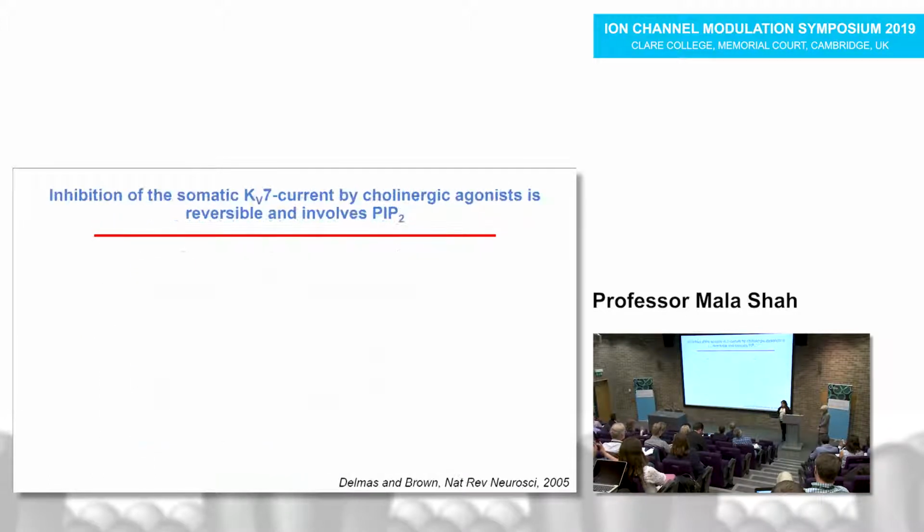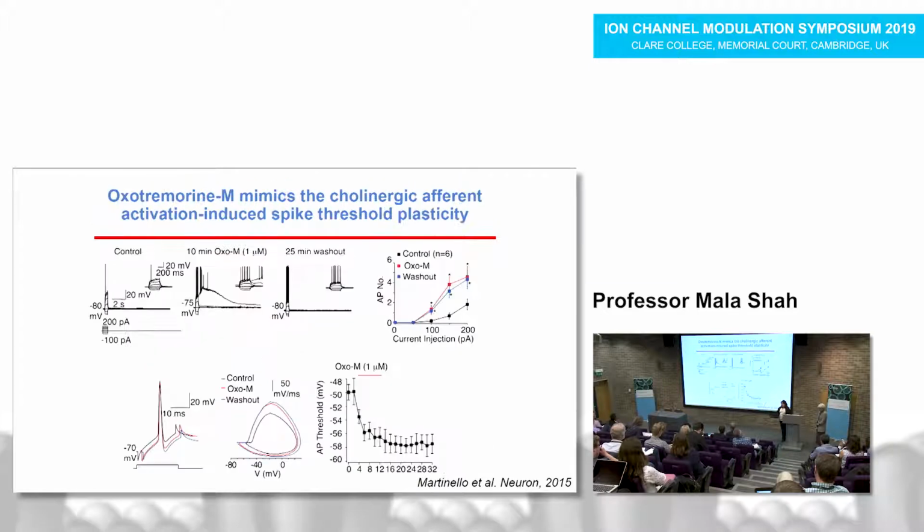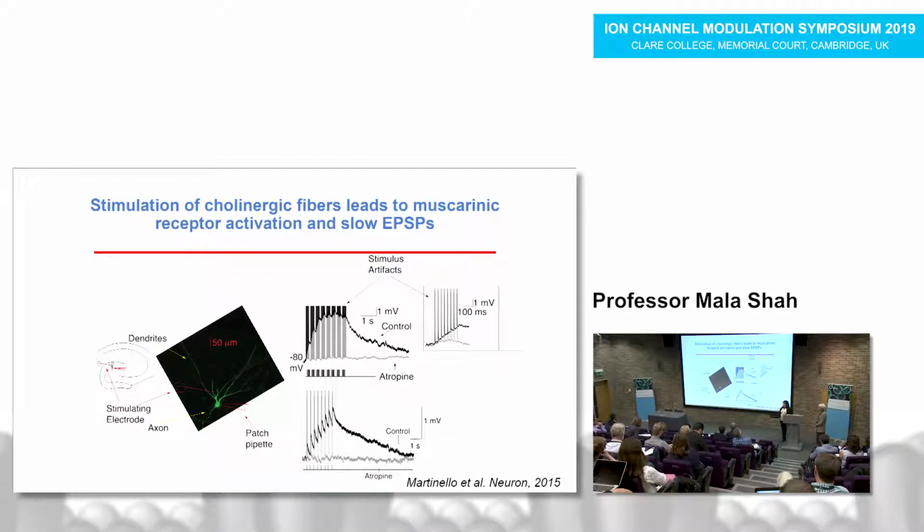So that is an interesting question. We were very surprised, but we did manage to stimulate the afferents to get endogenous acetylcholine. And we see this here, but we also see a similar effect in CA1 pyramidal neurons, although I haven't shown this. But in CA1, I think it's a little bit different because you also get a lot of cholinergic afferents onto the dendrites as well. So you get a multiple response.